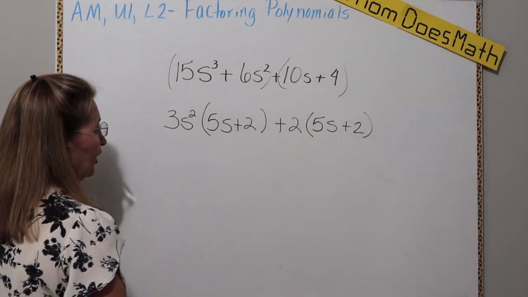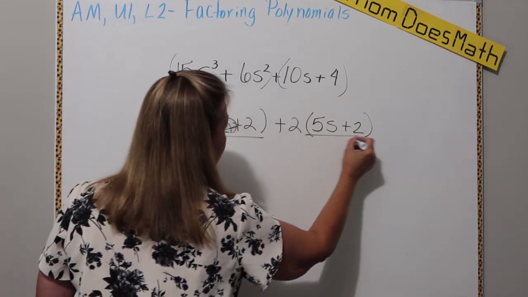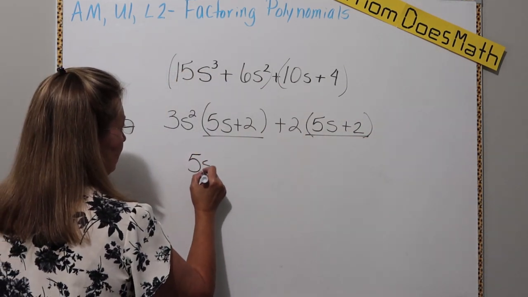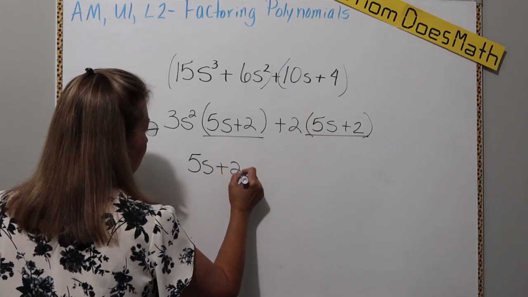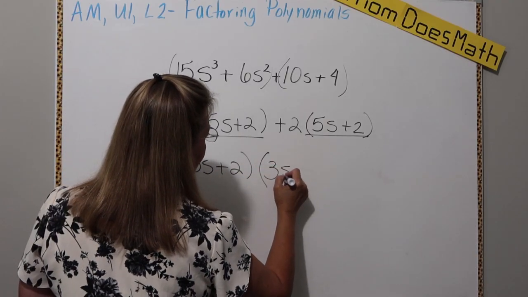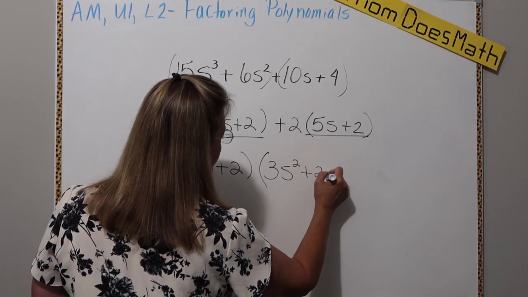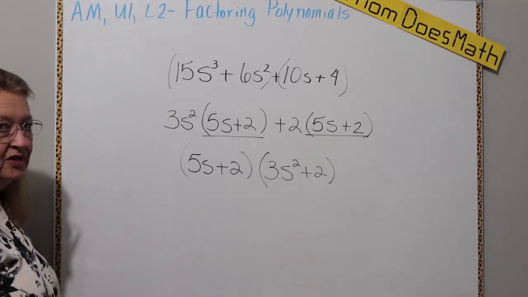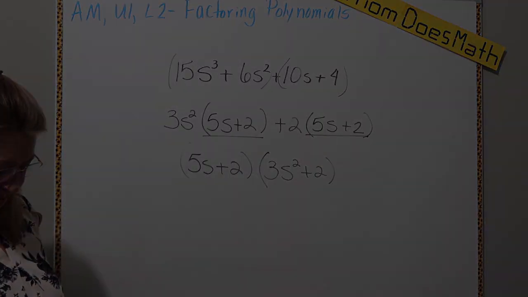And the factor by grouping magic happened. There's my common factor. So that's going to be 5s plus 2. And then what's left over is 3s to the second plus 2. I checked both of them. Neither one can be factored. So that's your final answer.